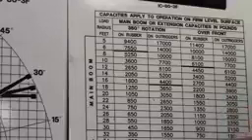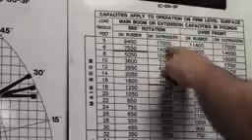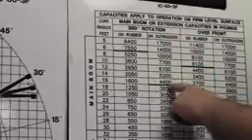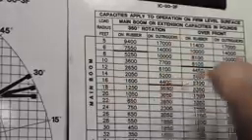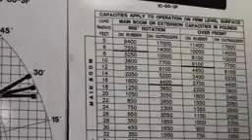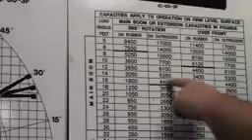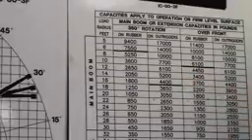This dark black line indicates the difference between the crane's tipping point and where the crane is going to be structurally damaged. For example, when you are on outriggers, if you are at a 16-foot radius, you're above the black line. That means that if you overload, the crane is not going to tip over. The crane is going to be structurally damaged if you overload it. This represents the crane's structural capacity.